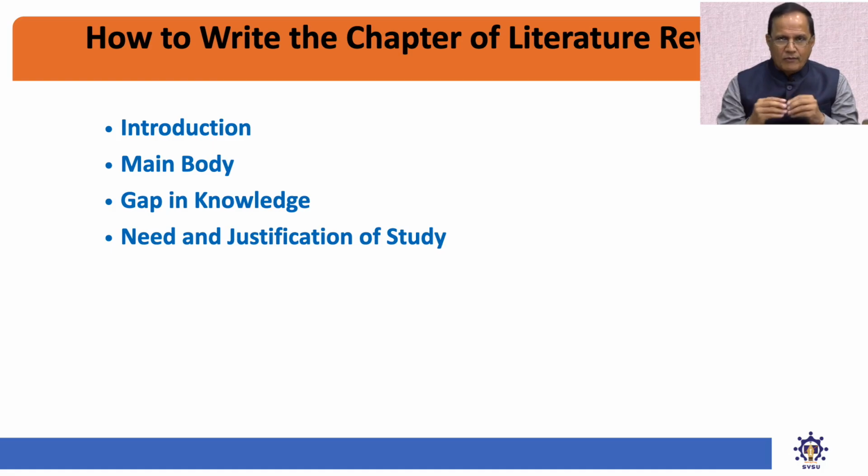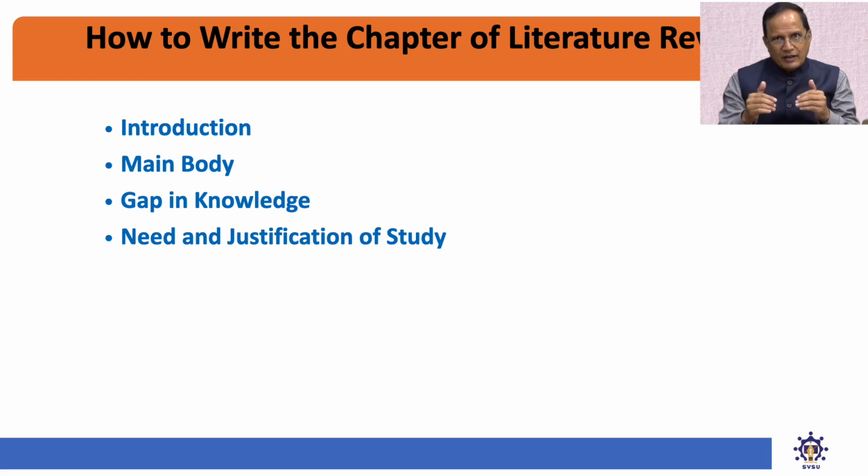And now coming to the main chapter or compilation of the literature review, in the beginning of that chapter, we should give a brief introduction of your research, the importance of literature review, and what kind of literature has been accessed for the review of literature in the specific research.